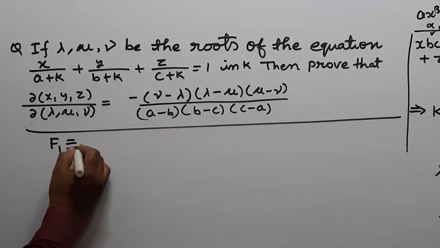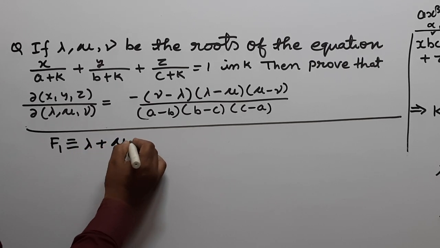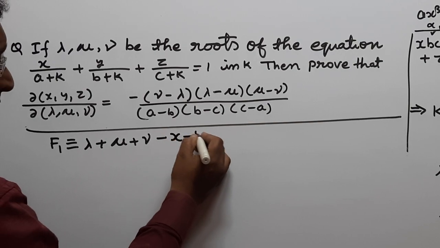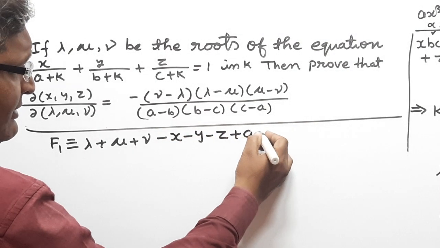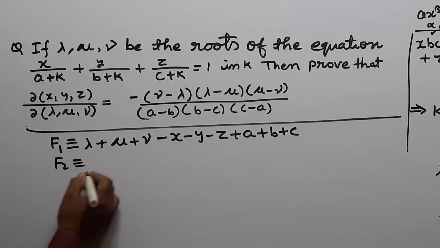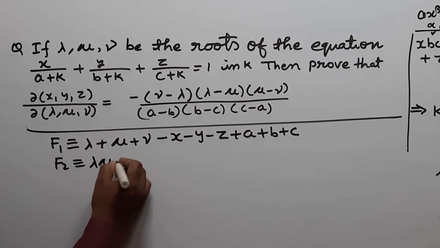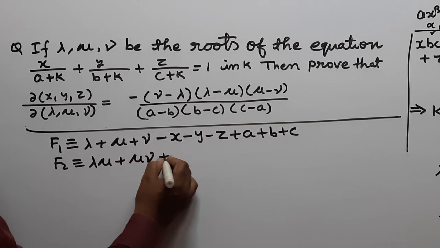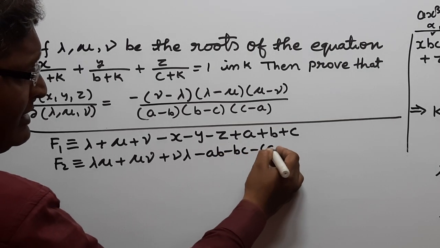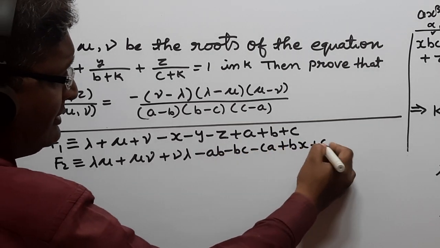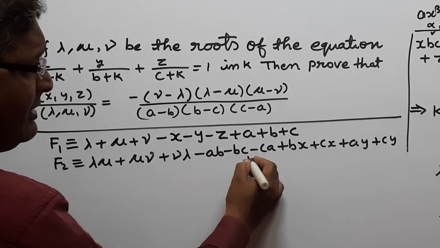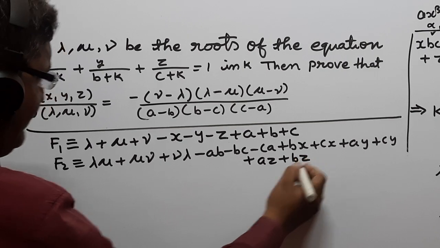f1 is equal to lambda plus mu plus nu minus x minus y minus z plus a plus b plus c. The second relation f2 can be written as lambda mu plus mu nu plus nu lambda minus ab minus bc minus ca plus bx plus cx plus ay plus cy plus az plus bz.